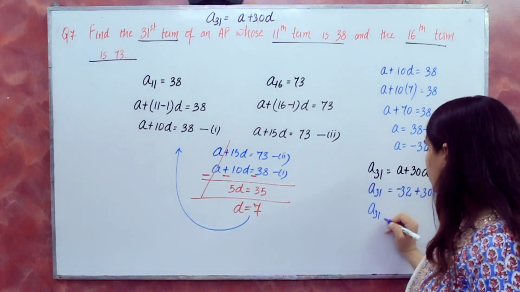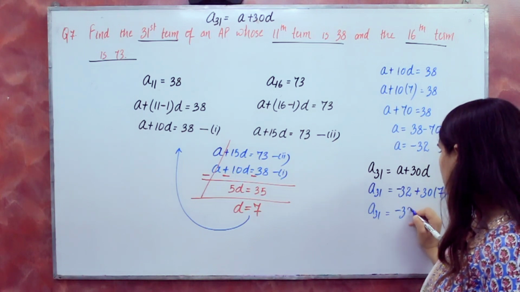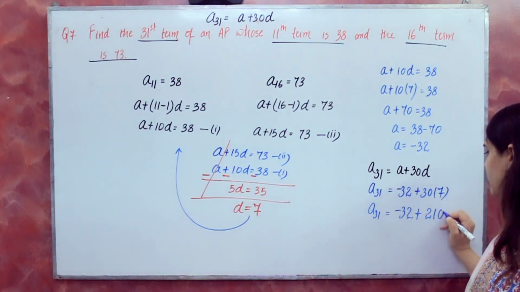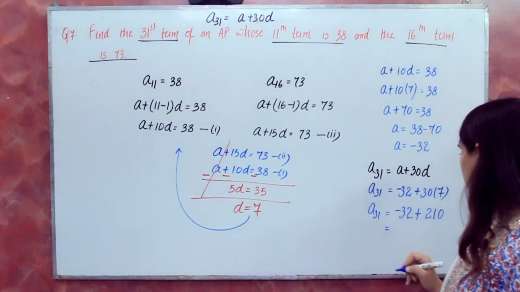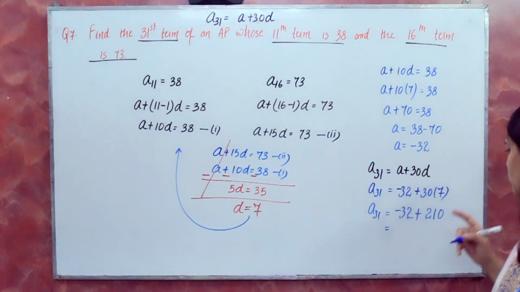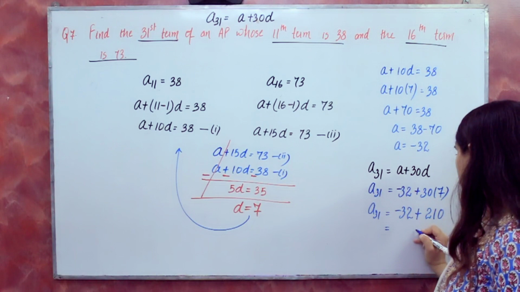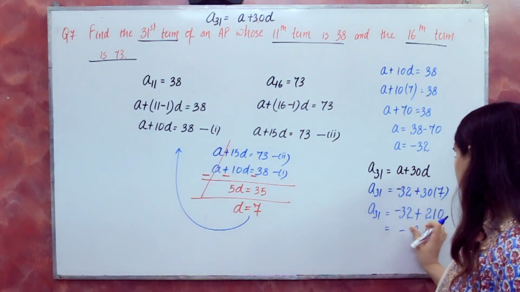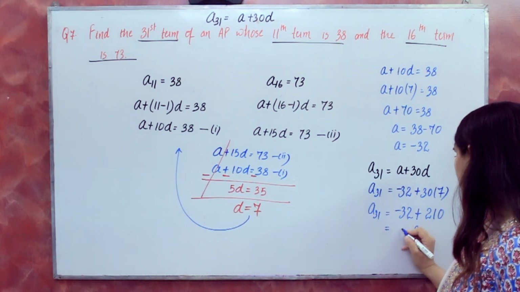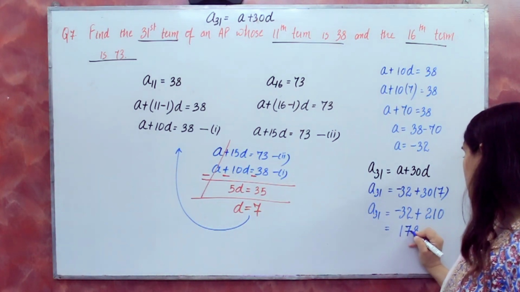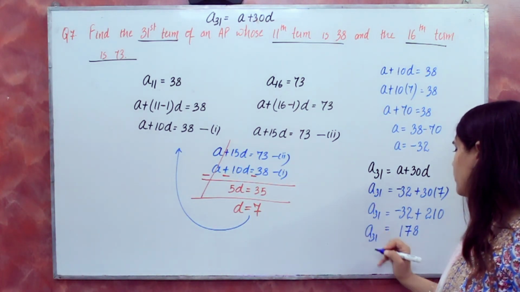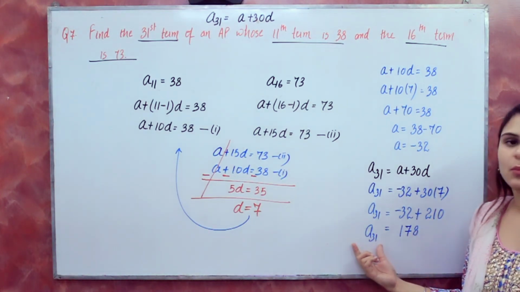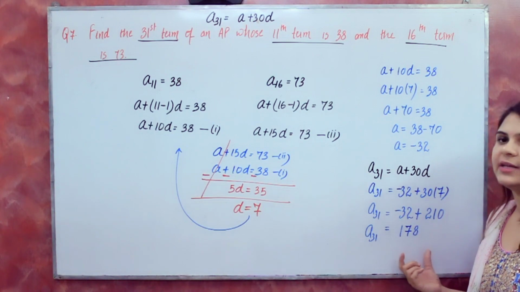So A31 equals minus 32 plus 210. Okay, now we will subtract 32 from this, so we will get 178. So the final answer is 178. The 31st term of this AP will be 178.